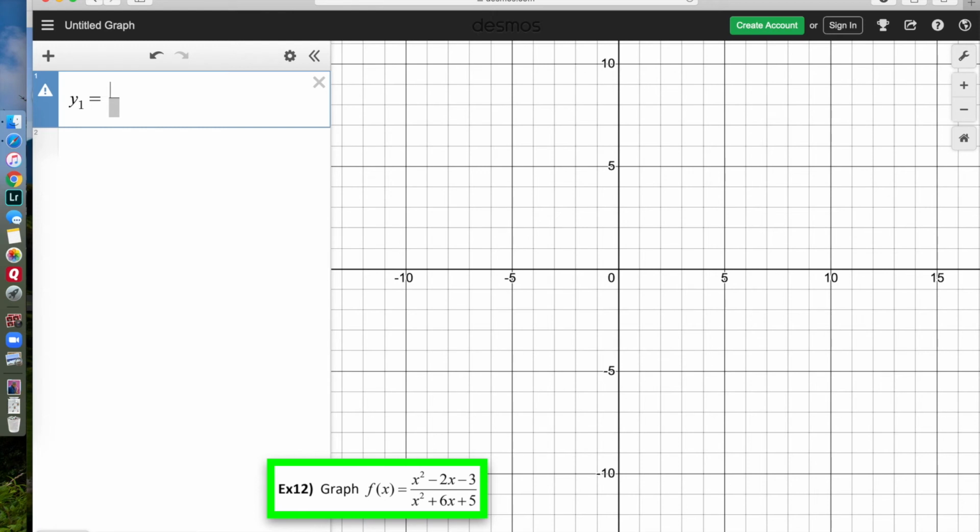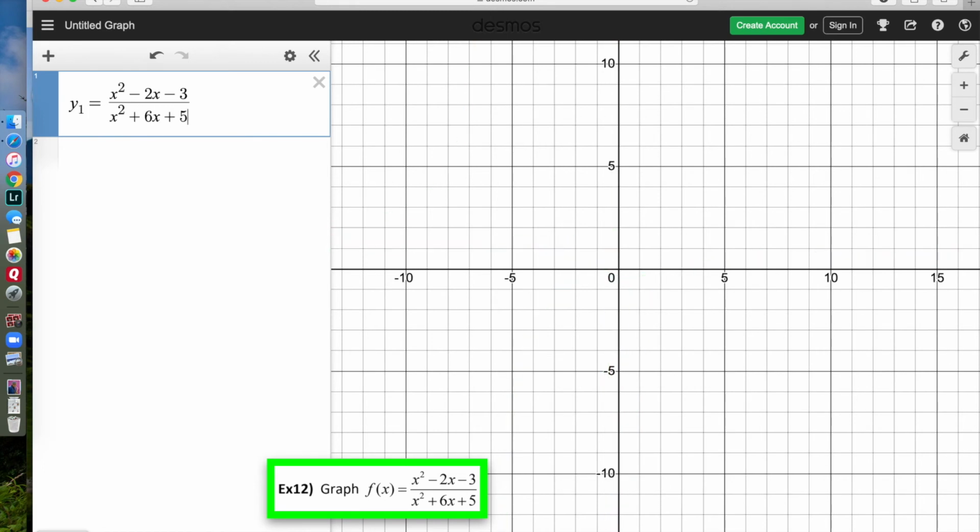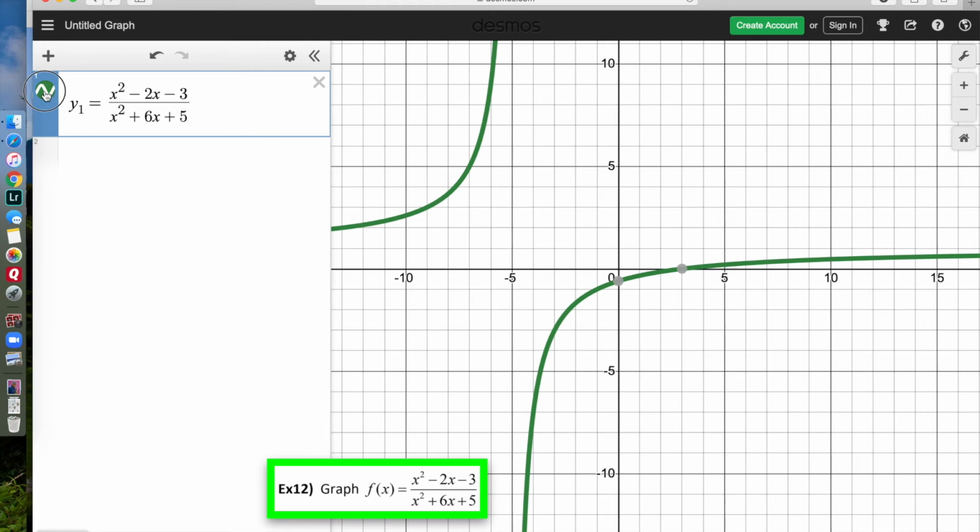So anyway, I have y1 equals x squared minus 2x minus 3 over x squared plus 6x plus 5. I'm going to change the color of the graph itself to blue.